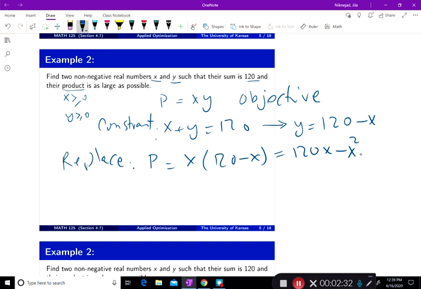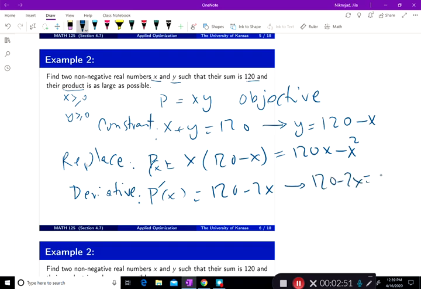And so first of all, derivative is always going to happen. So let's take the derivative. And that is 120 minus 2x. And find the critical numbers by setting that equal to 0 in this case. And getting x equal to 60.